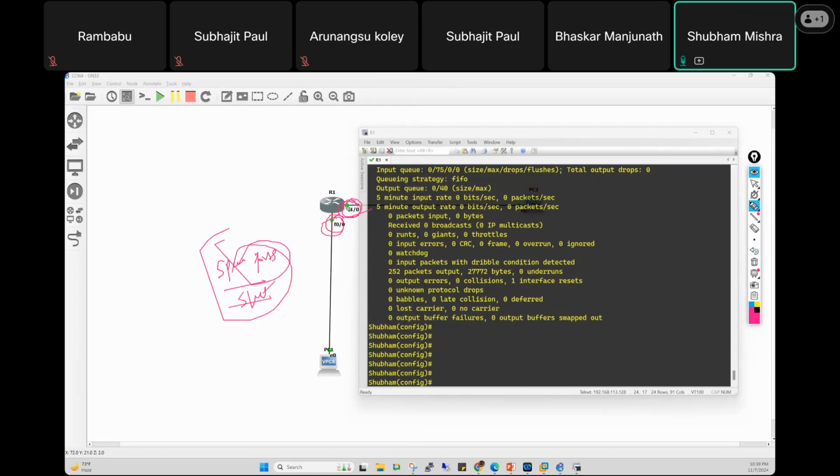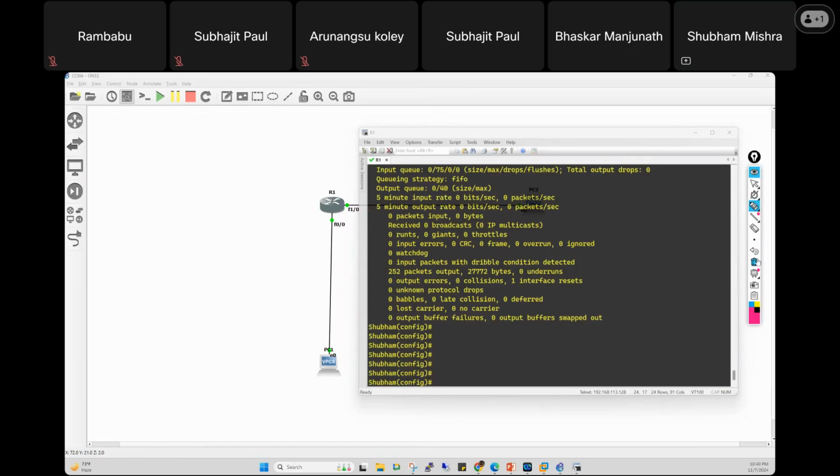Because these 2 ports are not in use, why should we bring this port up? That is not necessary. Is it mandatory to bring this port up? No, because on this device nothing is connected. So what I will do is shut this port and write the description: spare ports, these ports are not in use.